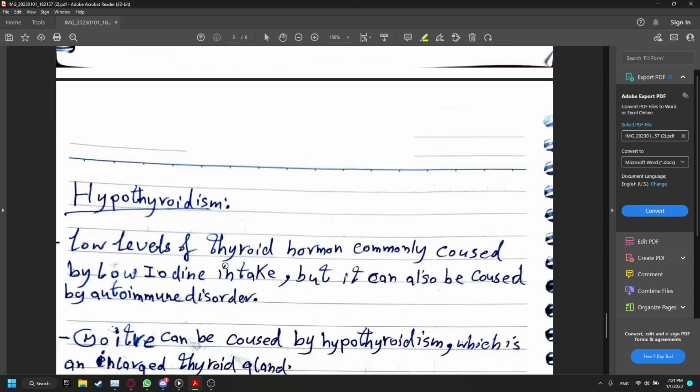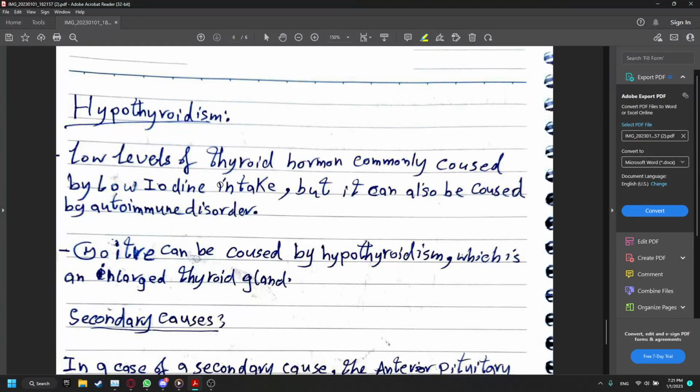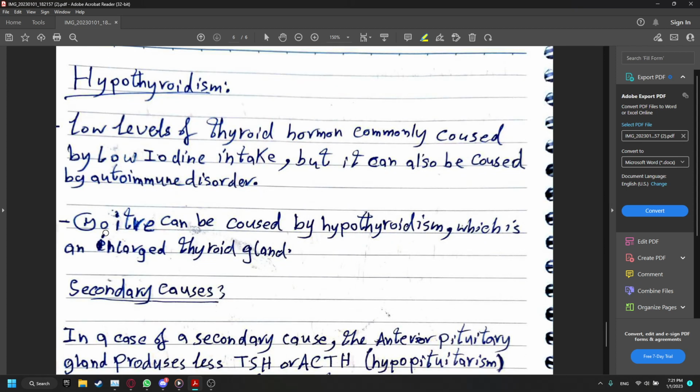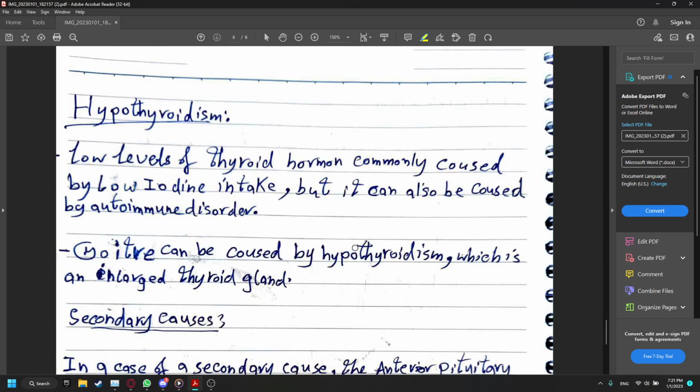So this is how important iodine is in the production of thyroid hormone. Hypothyroidism can be caused by autoimmune damage to the thyroid gland. Hypothyroidism can cause goiter. This is a spotter question, so you have to pay attention.